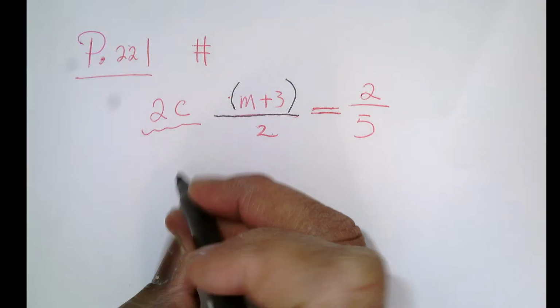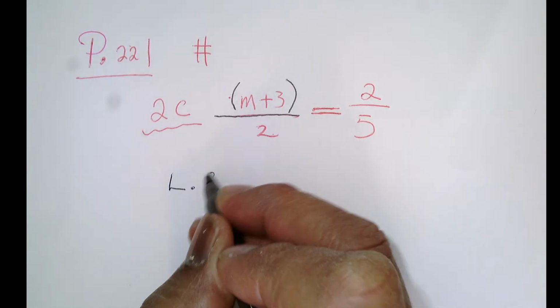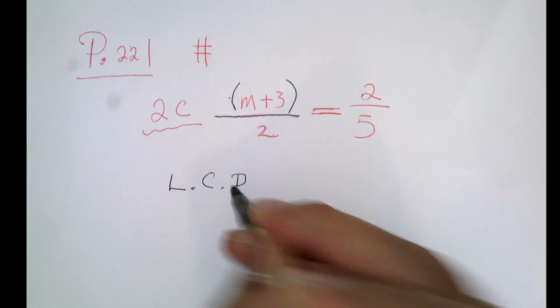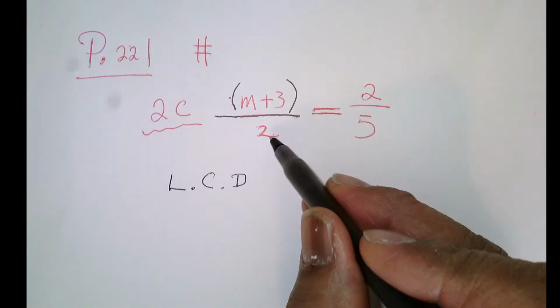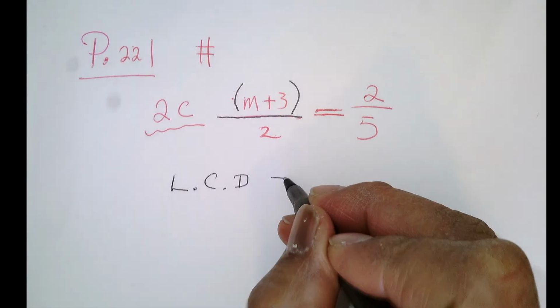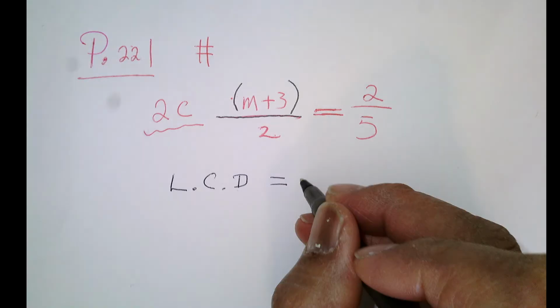Then you identify the LCD. In this case, the LCD is 2 times 5, which is 10.